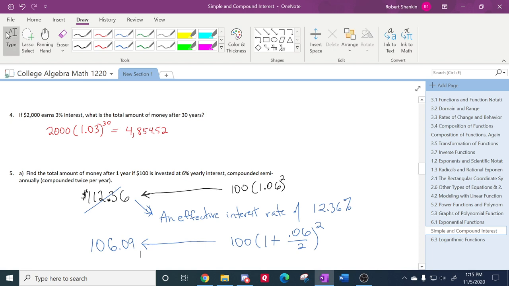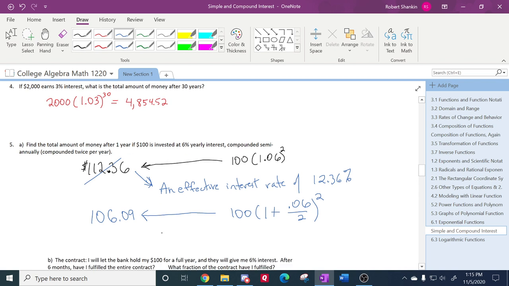Because what happens is you're not entitled to your full 6% interest after half a year, because you've only given them their money for half the time. So you're only entitled to half your interest at the halfway point. And so this turns out to be an effective interest rate of 6.09%, and banks can do that.